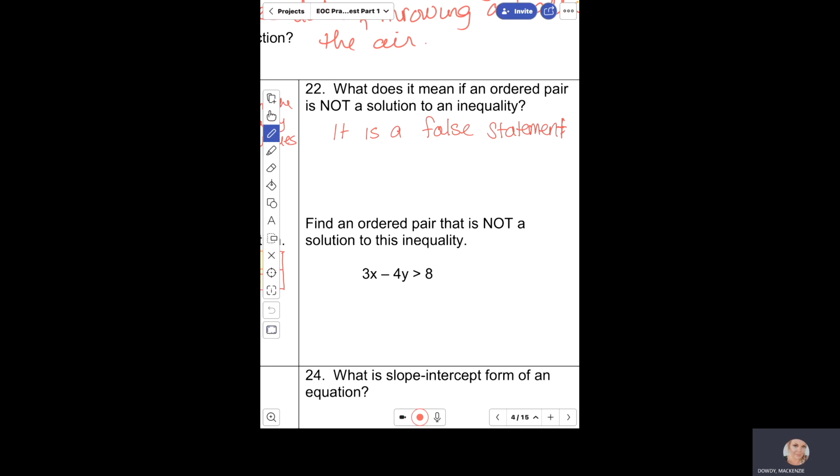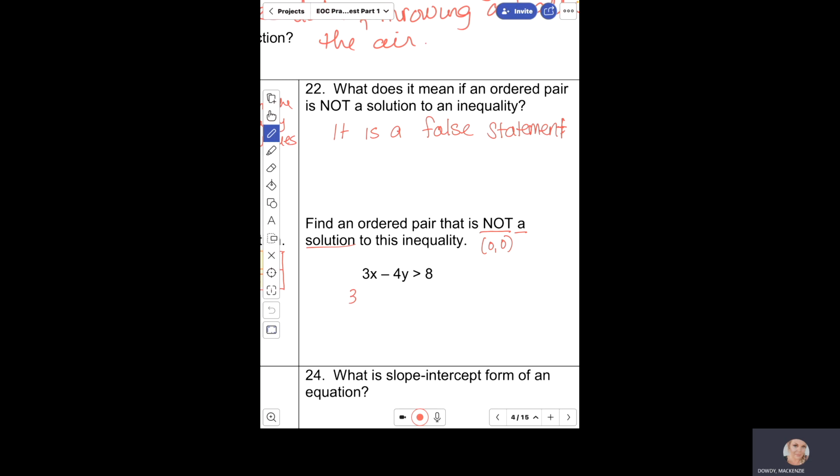So I'm just going to start easy and do our origin ordered pair, which is 0, 0. I'm going to plug 0 in for X and 0 in for Y and see if it comes out to be a false statement, because it says not a solution.